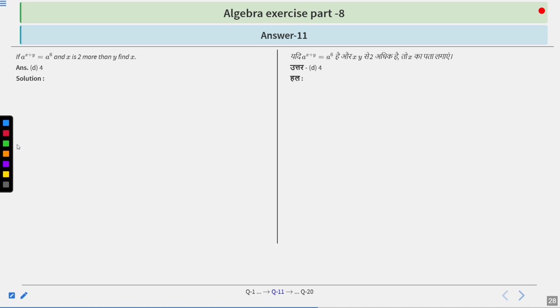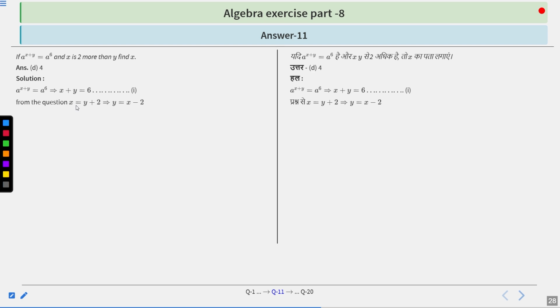Now let's have a look at the solution of this question. The given thing to us was a raised to power x plus y is equal to a raised to power 6. So bases are same. Here we have a and here also we have a. That means the powers should be equal. Therefore, x plus y is equal to 6, our equation 1. From the question, x is 2 more than y.